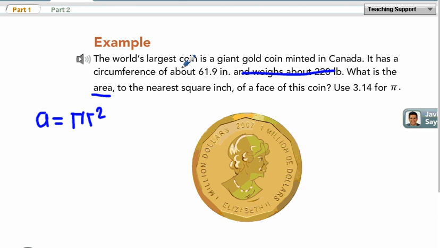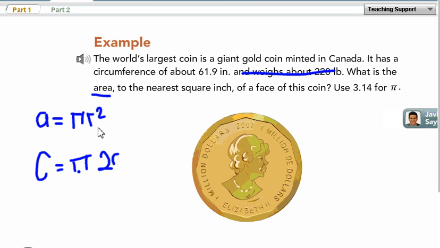So we need to think about this. We know our circumference is 61.9. The formula for circumference is 2 times pi times r.